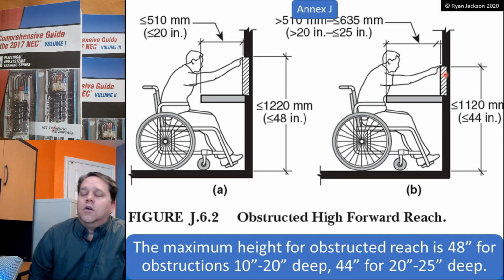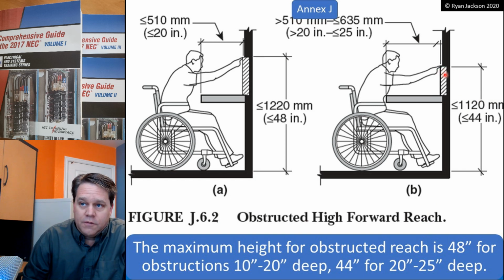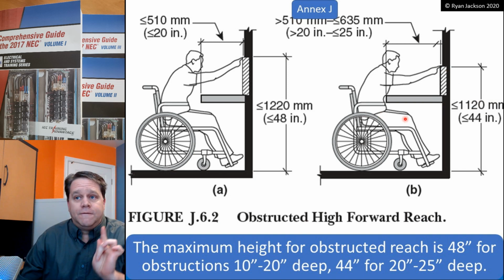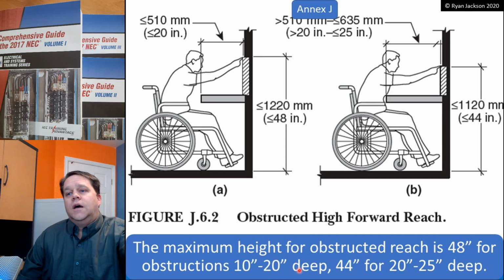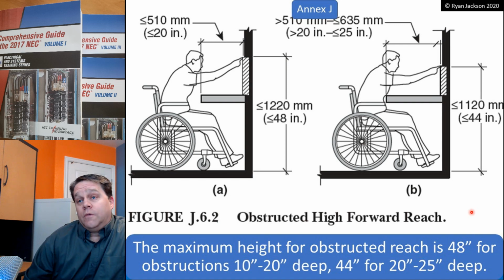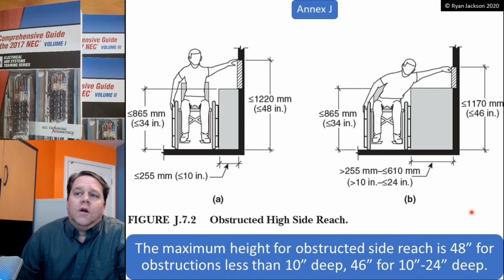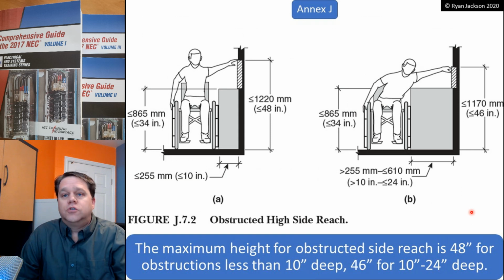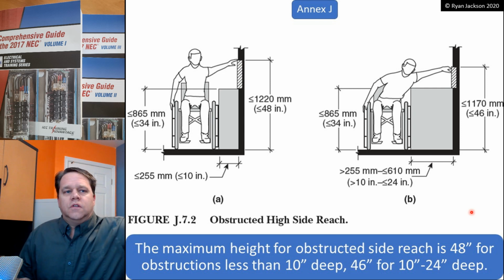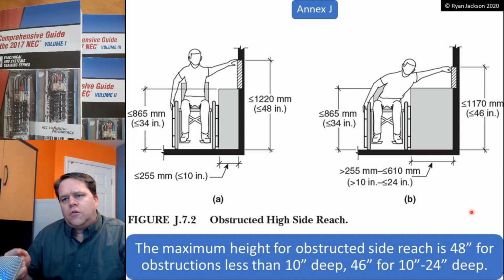So this is something where you might have receptacles in a break room, for example. You might have countertop that's an obstruction. If you have a forward reach, you can go up to 20 inches without obstruction, and you can reach 48, but 20 to 25, your maximum is 44. For an obstructed high reach on a side approach or a parallel approach, it's not quite as bad, because when you reach out to the side, your arm doesn't go down quite as much.